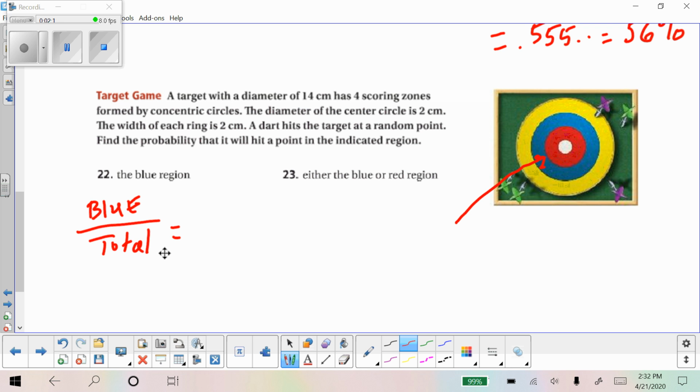To find the blue region, we're going to have to do the blue minus the red and white, and then over the total.